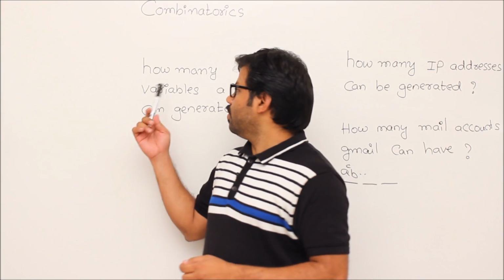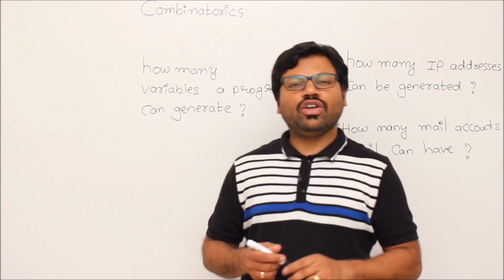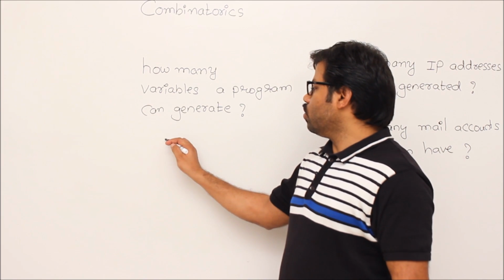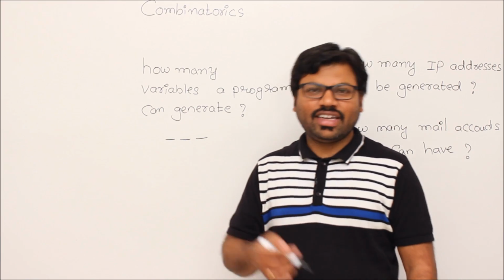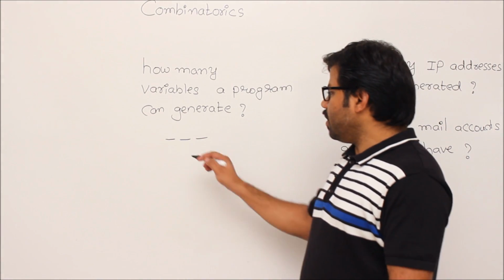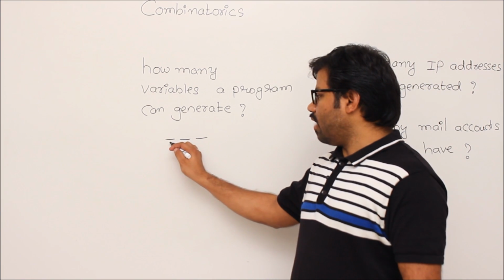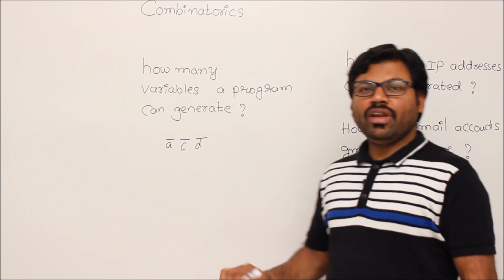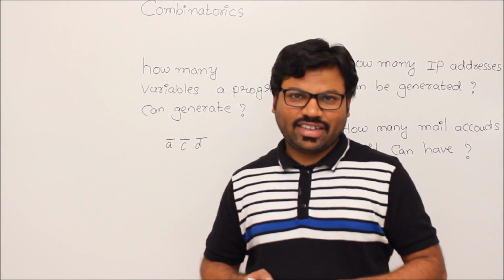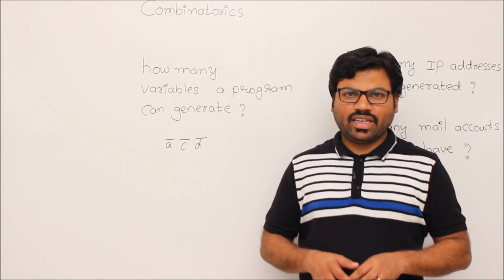Take the third problem. How many variables can a program generate? Let's say your program is restricted to use only three positions for generating a variable. That means each variable should have exactly three positions, and only the English alphabet is allowed. Then how many variables you can generate for a program decides the program's capability, isn't it?